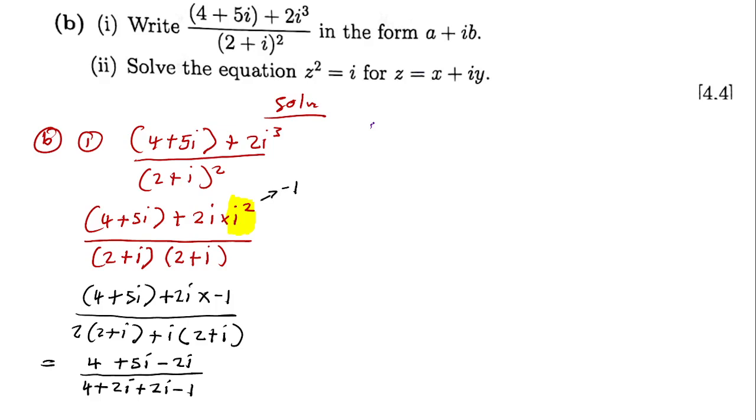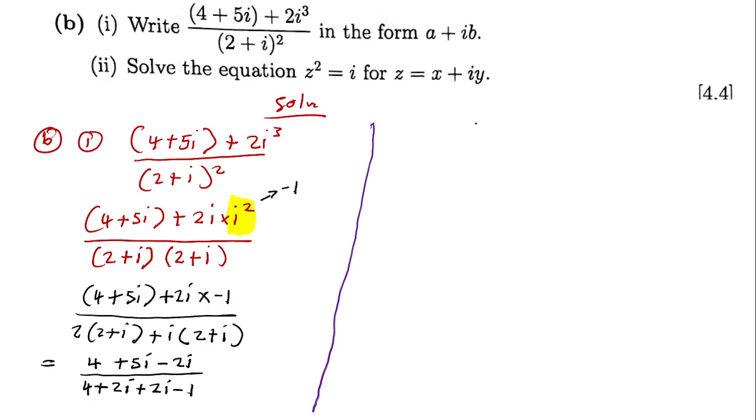Then after you reach that stage, your next step is what I'm going to do. But do we have any questions so far? Any questions? Okay, no question. So you collect like terms. 4 plus 5i minus 2i is simply going to be 4 plus 3i.